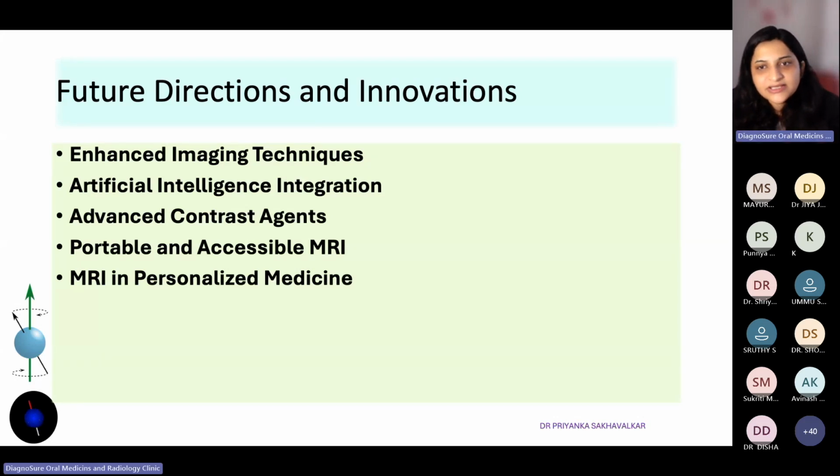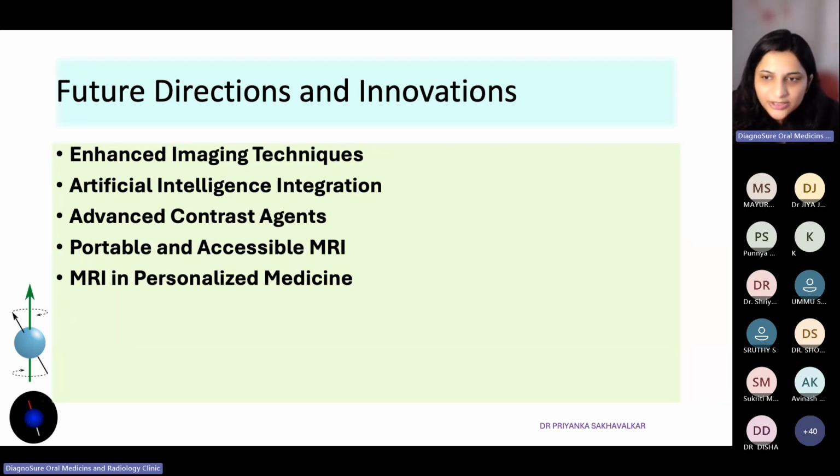Future directions and innovations. So future advancements include high resolution imaging that provides greater detail, and functional MRI to understand brain functions. Then artificial intelligence will revolutionize imaging interpretation. AI-driven tools will enable automated and more accurate image analysis.